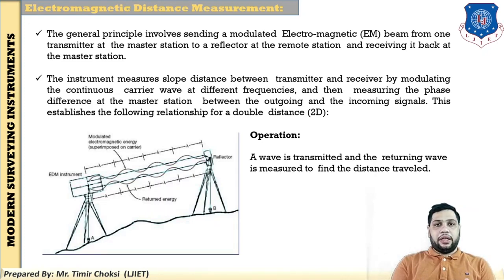Velocity in a vacuum is 3 into 10 raised to 8 meter per second, and time is found by the EDM. So we measure the distance. This is the general principle of electromagnetic distance measurement: a wave is transmitted and the returning wave is measured to find the distance traveled.